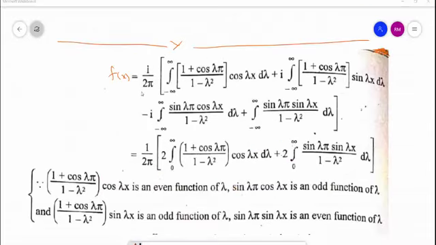So friends, as we discussed earlier, f of x can be expressed as addition of 4 terms, 1 upon 2 pi integration from minus infinity to infinity.